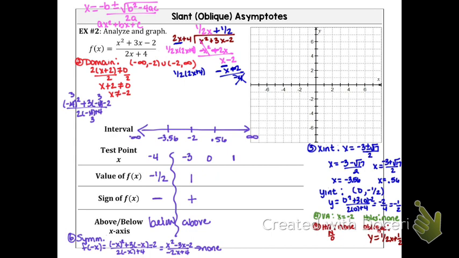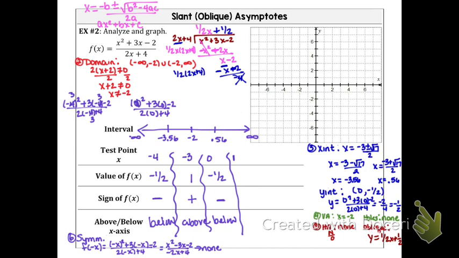Then I plugged in 0, which we got negative 1/2, which is negative, which means it's going to be below. And then I plugged 1 in.